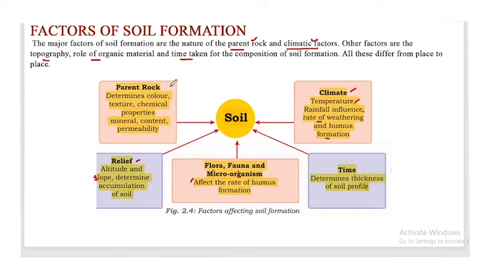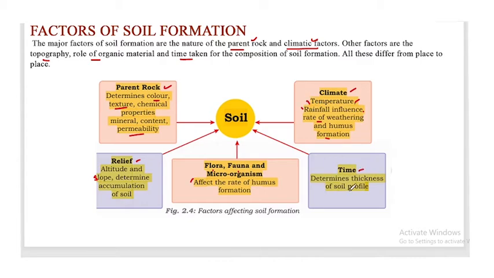And the final one is parent rock. The parent rock determines the color, texture, chemical properties, mineral content and permeability. So these are some components which determine the characteristics of soil. First one, climate: temperature and rainfall influence the rate of weathering and humus formation. Then the next one is time.